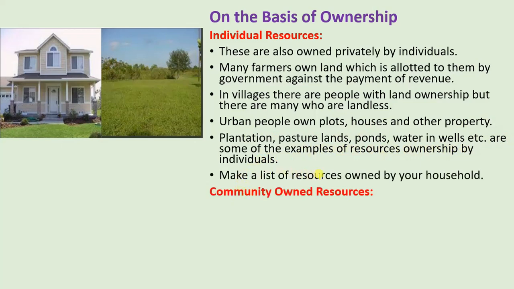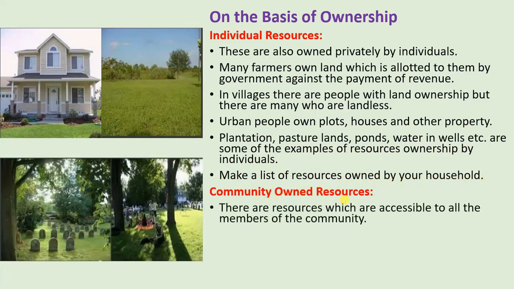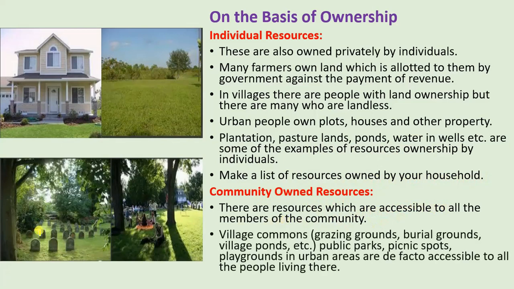Community owned: you can make a list of resources owned by your household. Community owned resources are resources which are accessible to all the members of the community. As here in the figure you can see the burial ground and the park.